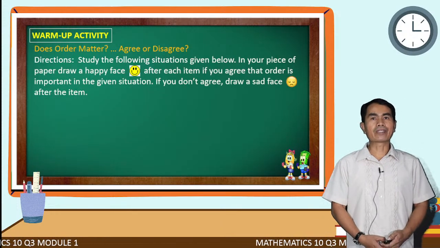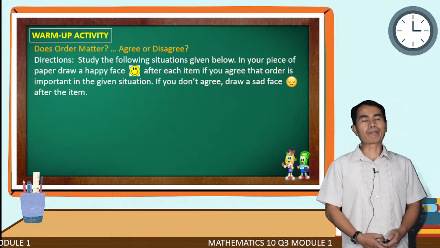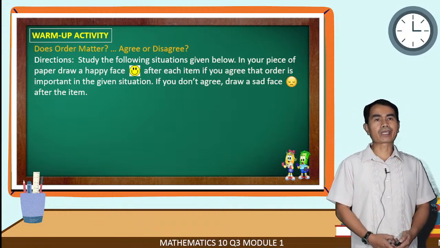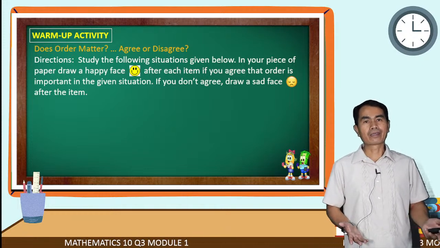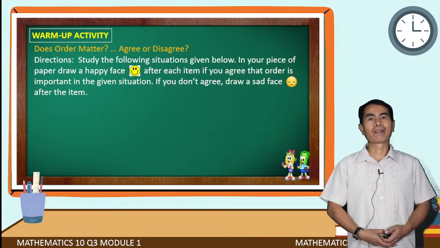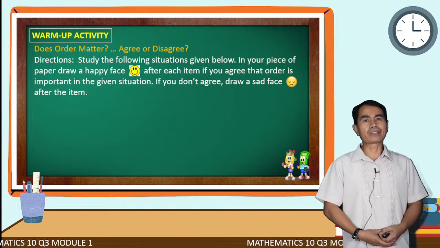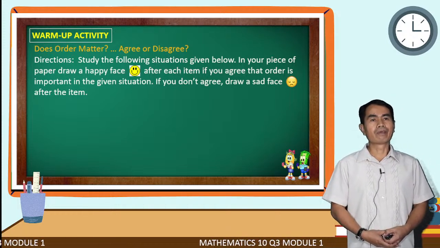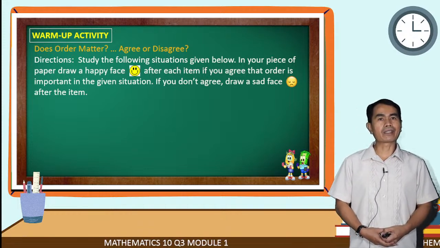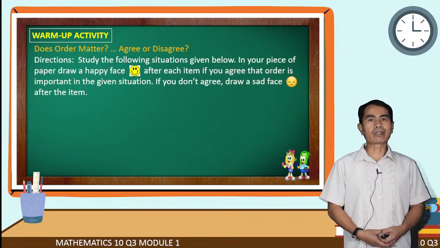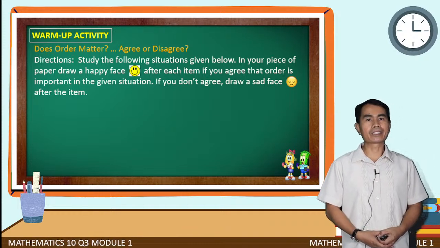To start with, let's have this warm-up activity. The title of this activity is, Does order matter? Agree or disagree? Study the following situations given below. In your piece of paper, draw a happy face after each item if you agree that order is important in the given situation.